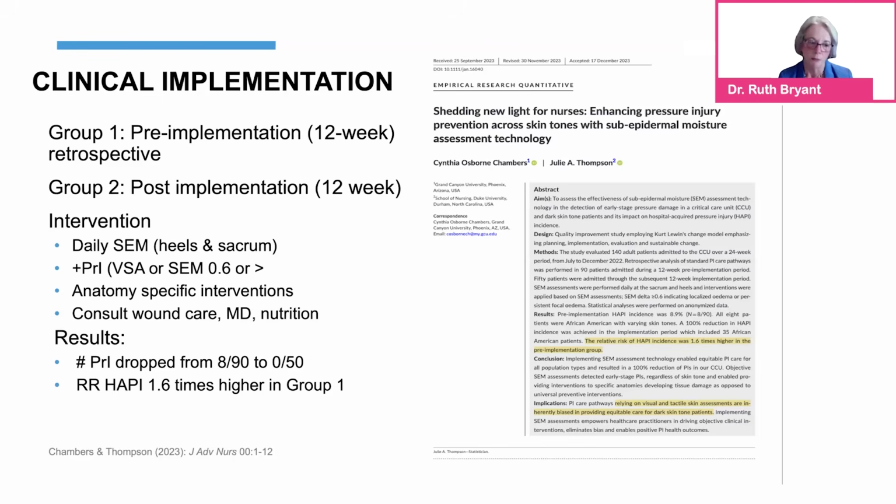And their relative risk of hospital-acquired pressure injuries was 1.6 times higher in group 1, the pre-intervention group. So to me, what came out of this was that the pre-implementation, post-implementation comparison shows us there's a difference, but it also describes the intervention as more inclusive and multidisciplinary, which I think is really important.